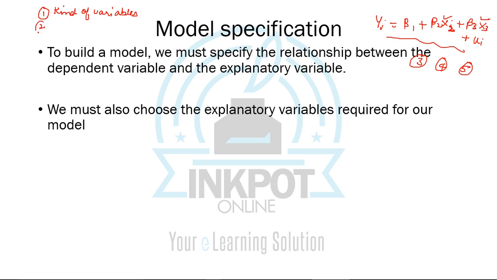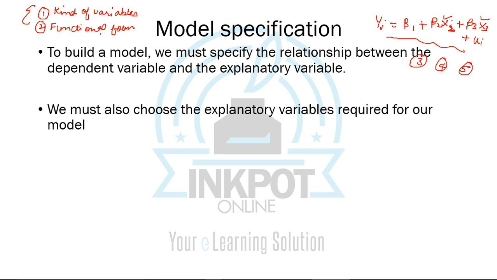Then we also know the functional form that we'll be employing, linear or non-linear. So broadly, these are two key ingredients in model specification in econometrics.